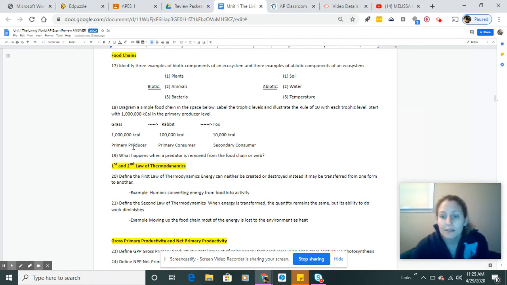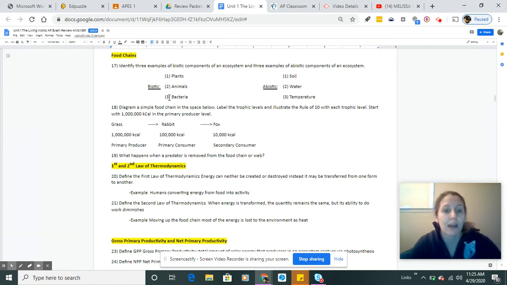Now, when the rabbit eats the grass, it's not going to get all of the energy because the grass has now used that energy and a lot of it's going off into the environment as heat. So when the grass needs to grow, it needs to reproduce, it needs to, I don't know, move sugar and water around, it's using energy. So when the rabbit eats that, it's only getting 10%.